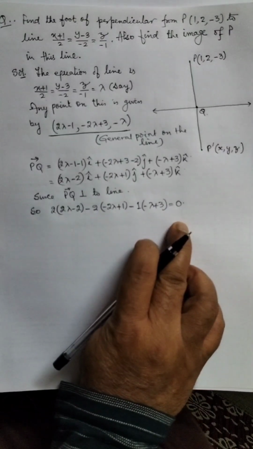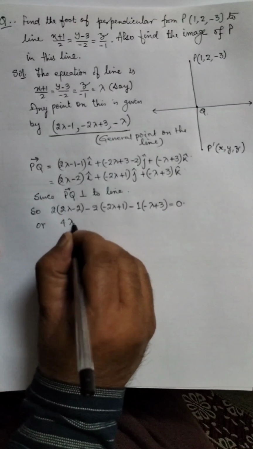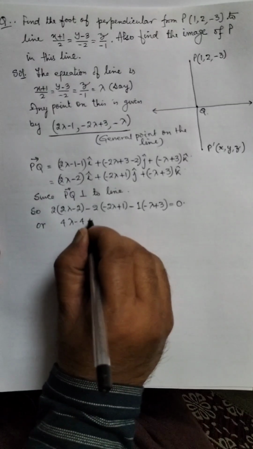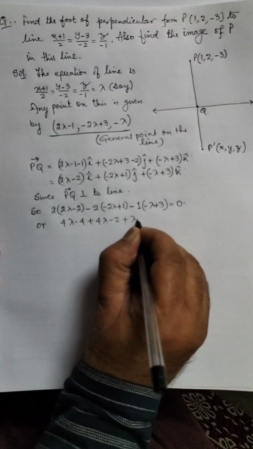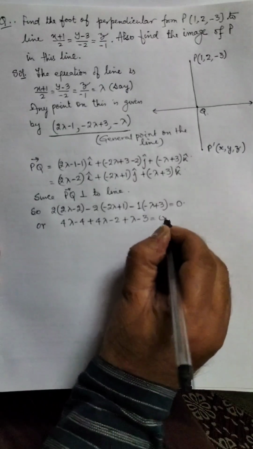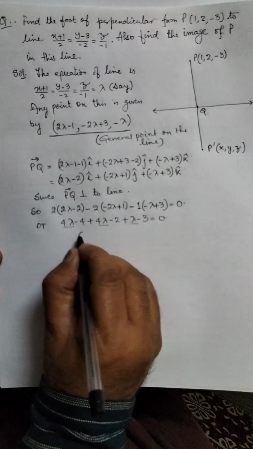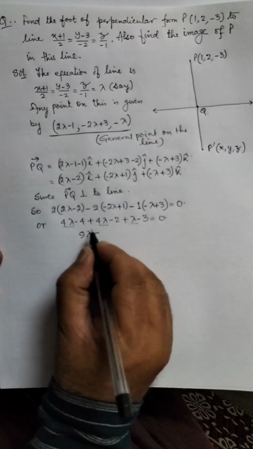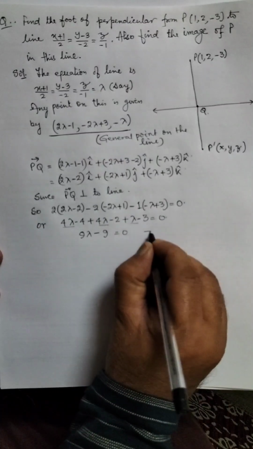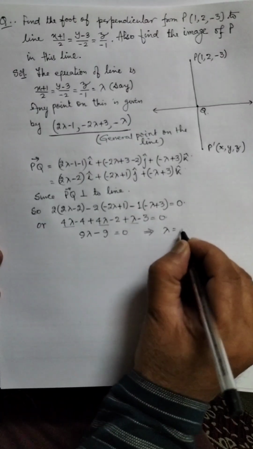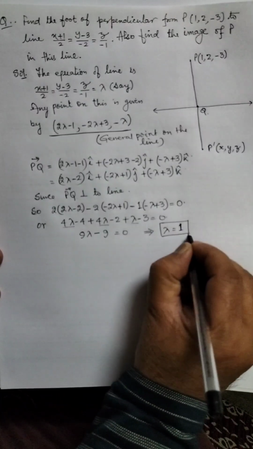This is the condition of perpendicularity. On further simplifying it will give 4 lambda - 4 + 4 lambda - 2 + lambda - 3 = 0, which is 9 lambda - 9 = 0, implying that lambda is equal to 1. Let us put it in a box.